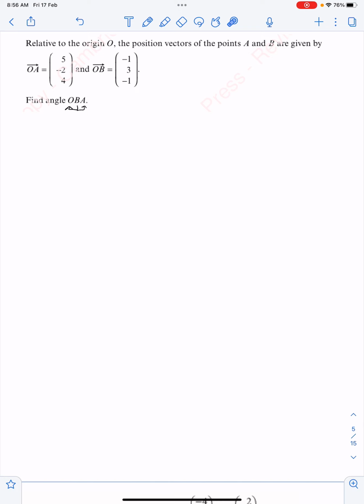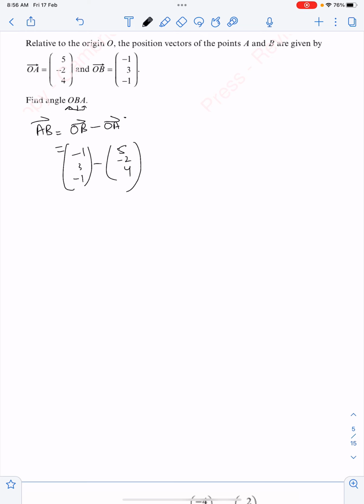So whatever you want to do. If I find out AB, it is OB minus OA. So OB is minus 1, 3 and negative 1, and OA is 5, minus 2 and 4.